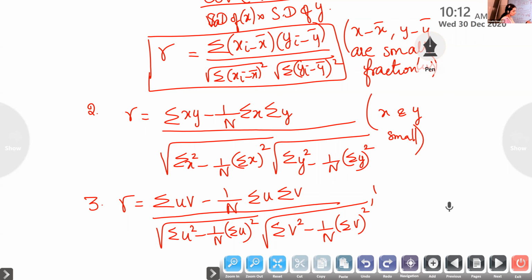The same formula, but in terms of u and v instead of x and y. What is u? u is xi minus a, and v is yi minus b, where a and b are the assumed means, some middle value you can take and subtract. We use this when x and y become bigger in number.